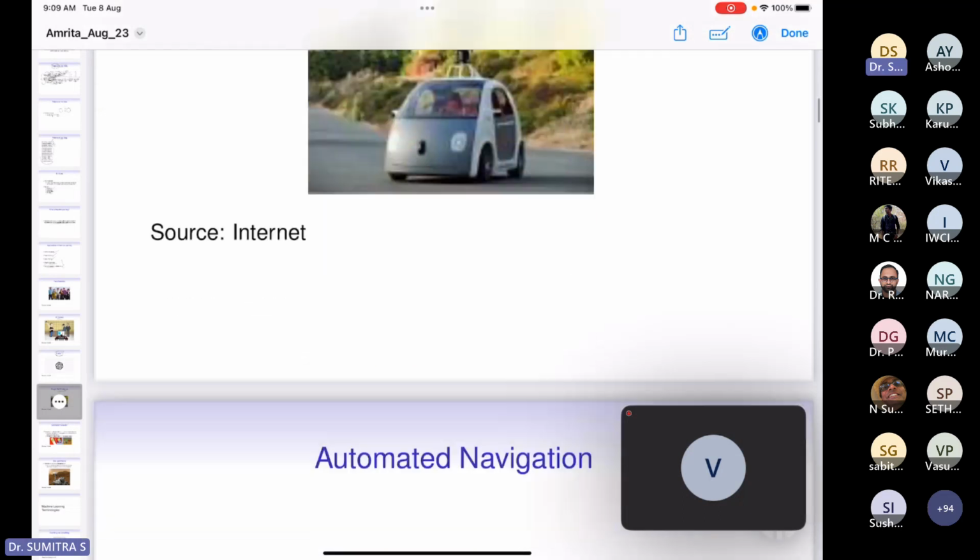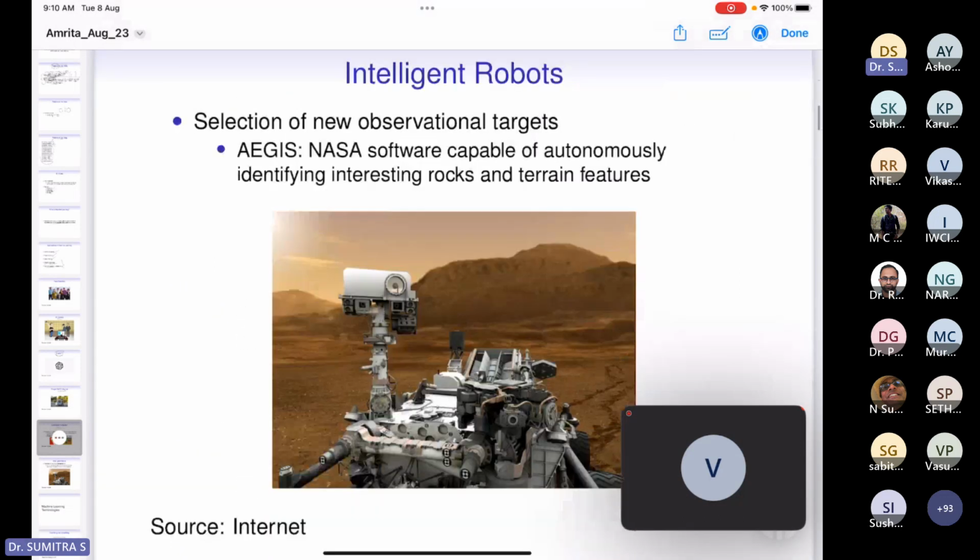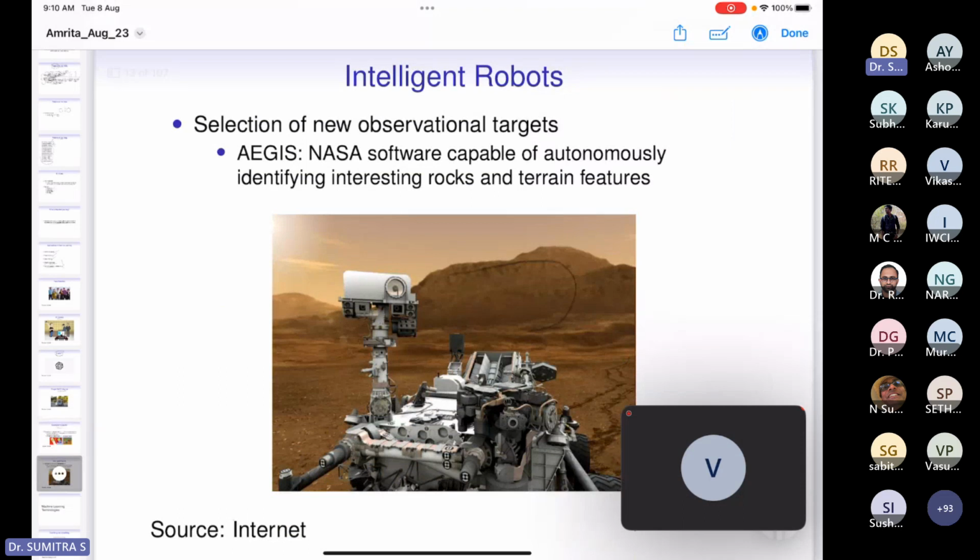Or we want to develop a robot that could work in very dangerous terrains and mines. How is it possible? A robot that could take decisions on its own. Or for space applications.